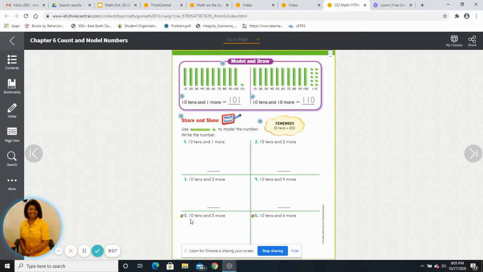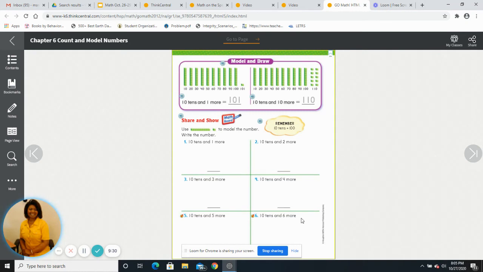So let's continue with number 5 and number 6. If I have 10 tens, that means that I have 10 lines, 1, 2, 3, 4, 5, 6, 7, 8, 9, 10, and I draw 5 circles, it will be 105.